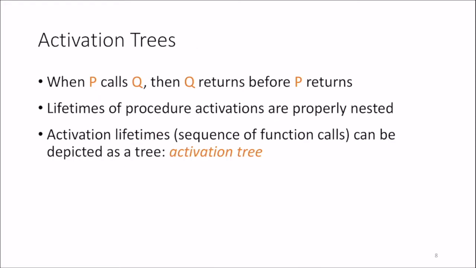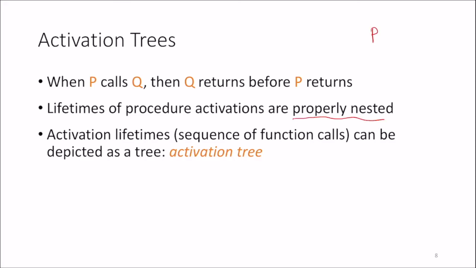So we are going to track this lifetime, and it affects how the program is running and how many resources it's taking up. One useful thing is to look at activation in terms of trees. When a function P calls Q and then Q returns before P returns, you're taking control into Q. Q finishes, goes back to P. P can execute some other instructions, and then P returns. So the lifetimes are properly nested.